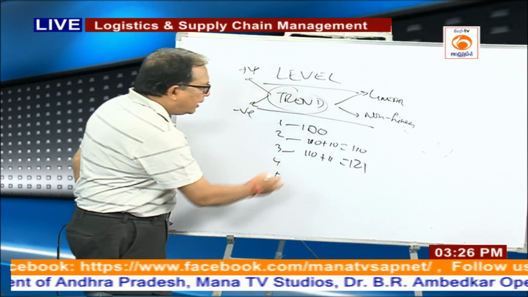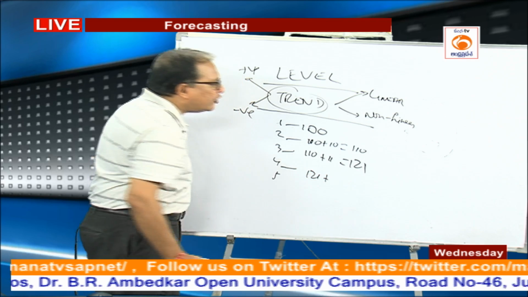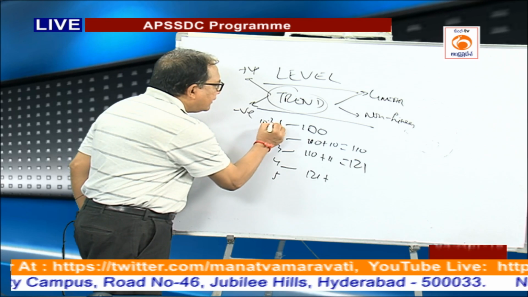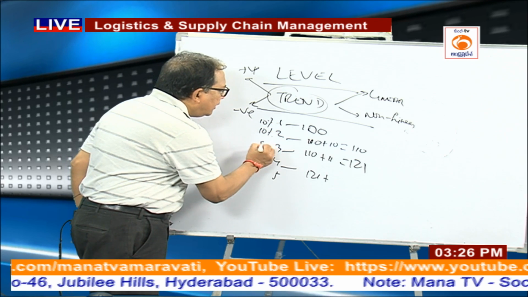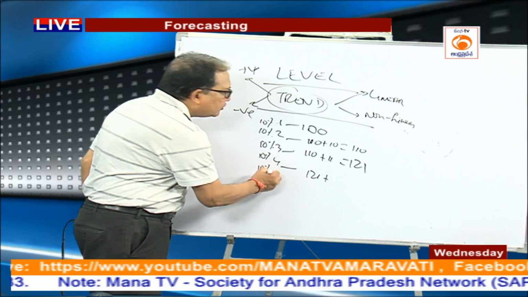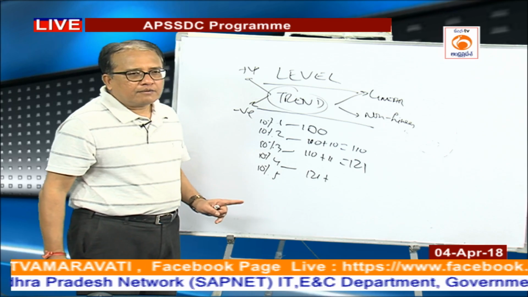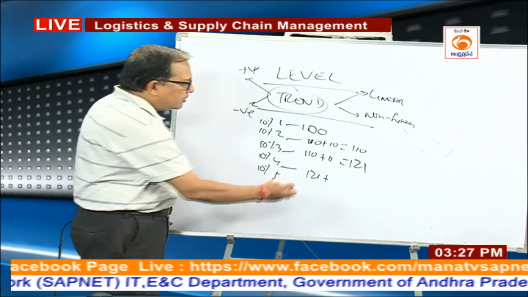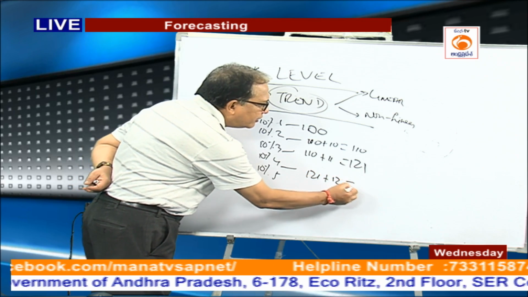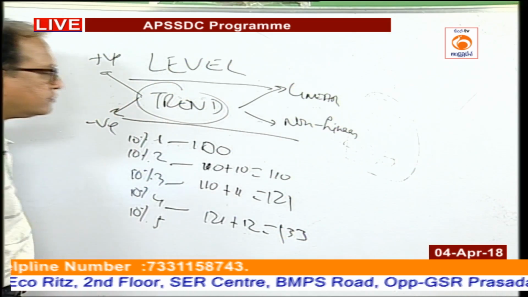In the fourth period, again it goes up by 10%. So, every period the demand is increasing by 10%. So, it is positive and it is also linear. So, 121 plus 10%, 121 plus 12, which is equal to 133.